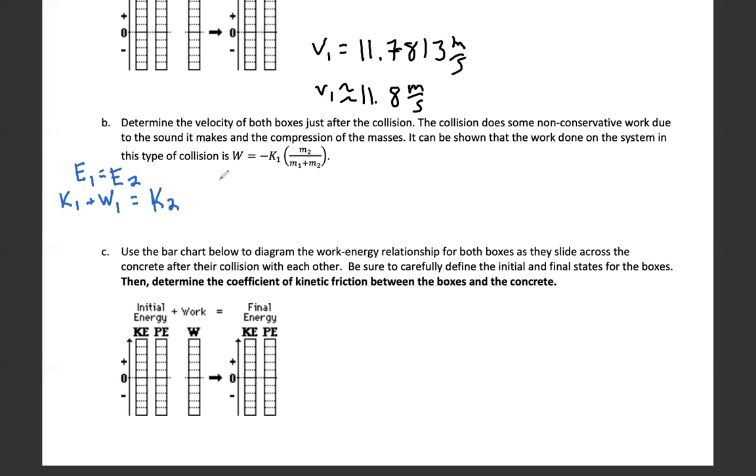Well, we know that it's going to be 1/2 m1 v1 squared minus that same kinetic energy, 1/2 m1 v1 squared times m2 over m1 plus m2.